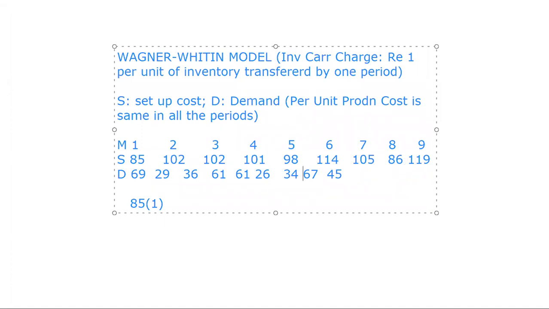And now I make this also aligned so that I have space for these quantities and periods, which are very important.